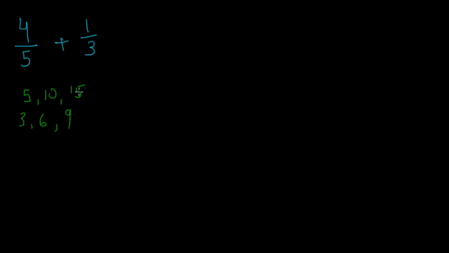So if you keep going back and forth, it actually wastes time. So let's try to catch up in case there's a match. Let's do a couple more. 12, 15, and indeed, we did have a match there. So we have 15, and you don't need to go any further. Once you have a match, you're all done. So that means our least common multiple, or our least common denominator, is 15.